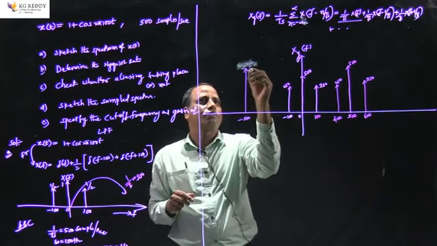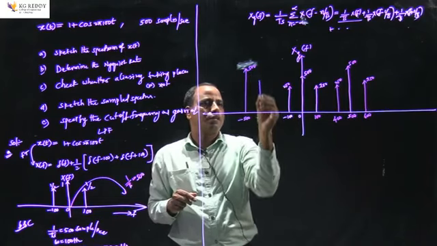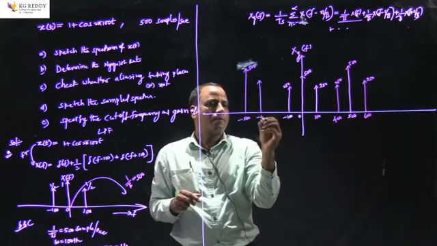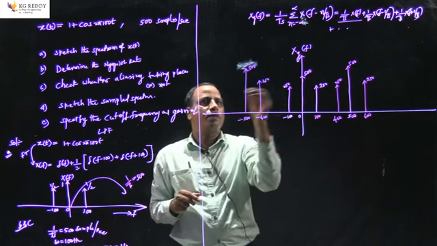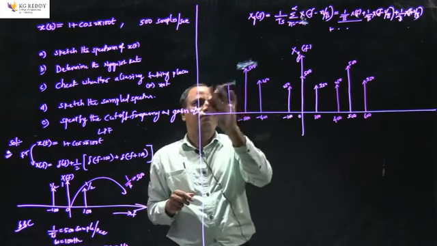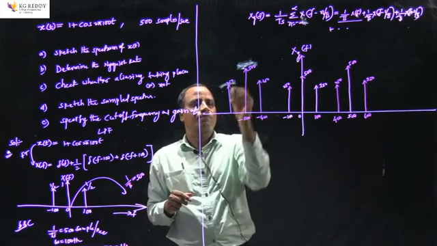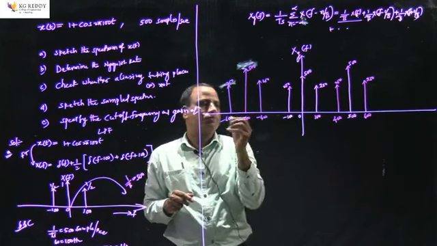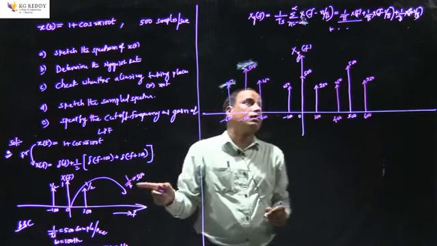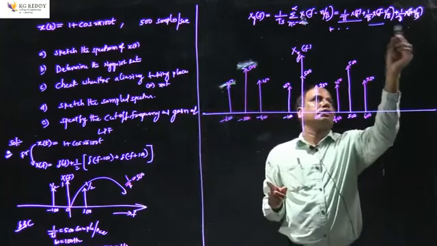500, and at minus 400 with an amplitude of 250, and minus 600 with an amplitude of 250. This is for these two terms.